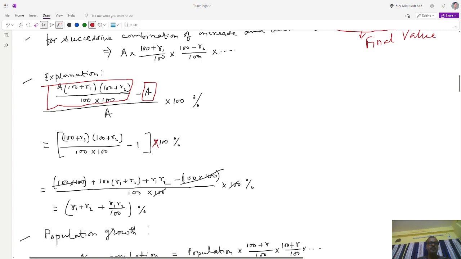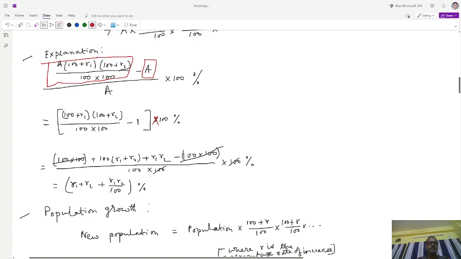Then the remaining value is ((100 plus R1) into (100 plus R2) divided by 100 into 100 minus 1) whole into 100%. Okay.